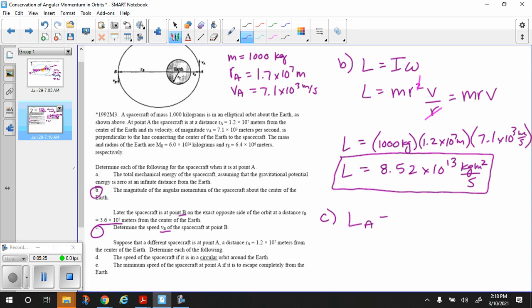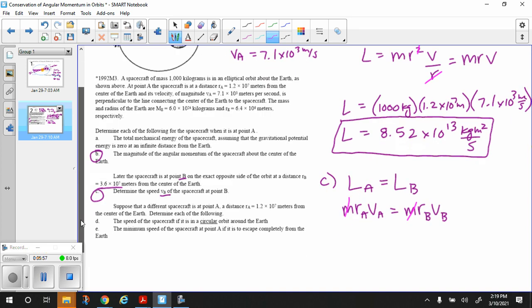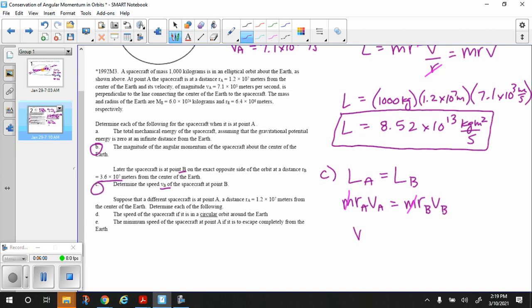So rotational momentum at A should be equal to rotational momentum at B. So mass times radius A times velocity A equals mass times radius B times velocity B. Now I just skipped this step right here because I already did it once in this problem where I derived the equation for the rotational momentum of a particle. And so I'm just using that equation right there. Now we can see that our mass cancels, and we are left with VB is equal to RA times VA over RB.